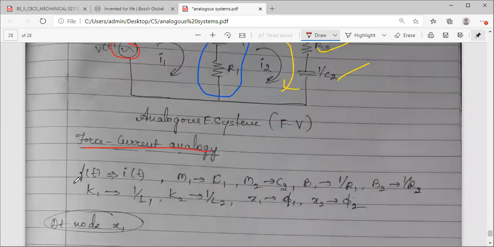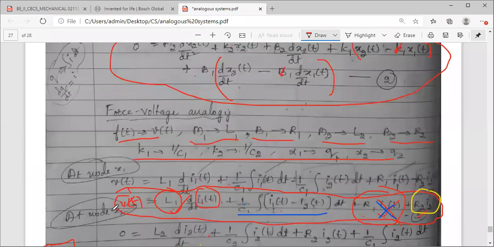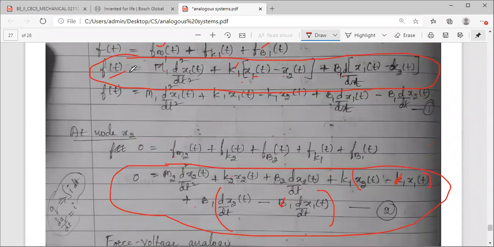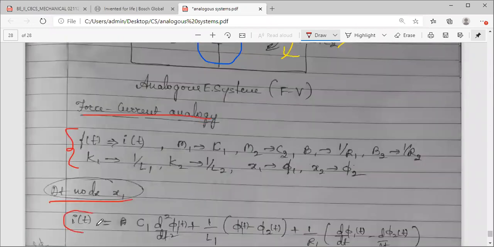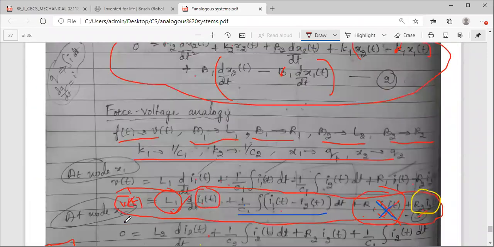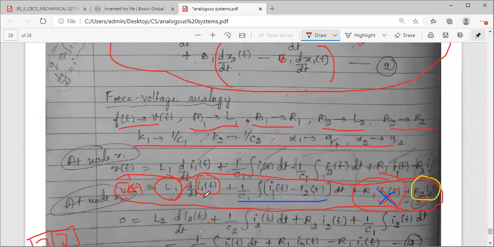Now for force current analogy, I have first listed the identical quantities referring to the table. Okay, you also do the same thing. If any ambiguities, any discrepancies, you can please let me know. Now coming to the first equation, I have replaced every quantity with its analogous quantity. Check. Force F is replaced with current I. Then you have m1 d by dt square of x of t.